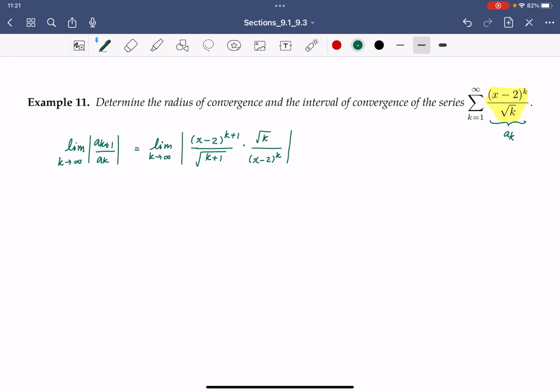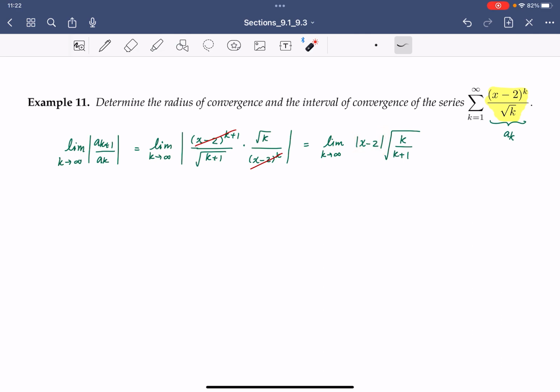And then now make the cancellation. So this is going to cancel with this. So you're going to have the limit as k goes to infinity of |x minus 2| times the square root of k over k+1. So what is the limit here then? You can pull out x minus 2, right? Remember, you have to keep the absolute value, because if you take the absolute value out, you're going to get it wrong.